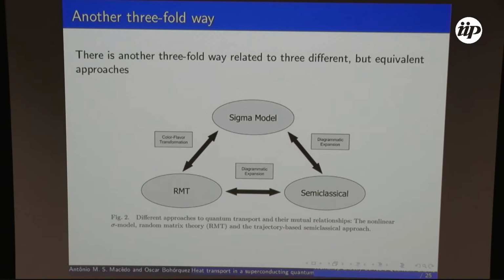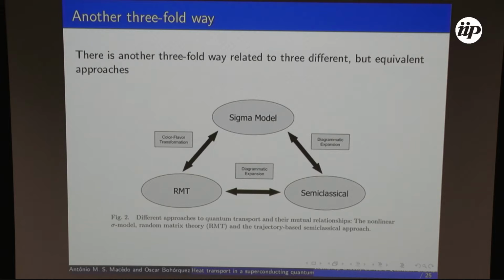But there is another connection that I think is even more powerful and has not been developed to the level it could be. It is the connection between three different approaches to the same problem of quantum transport.